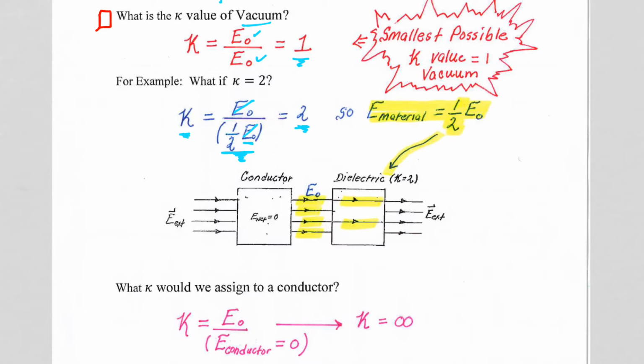We are always comparing the electric field in a material to the electric field of vacuum. The electric field in vacuum always goes on top. So if we had 1/3 the electric field in vacuum, that would be a dielectric constant of 3. If we had 1/4 the electric field in vacuum, that would be a kappa value of 4, and so on.